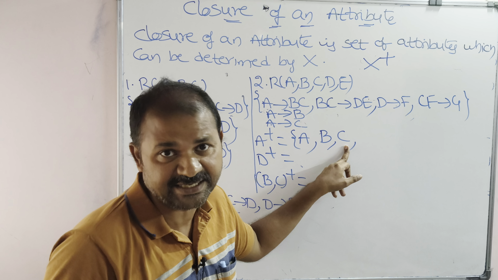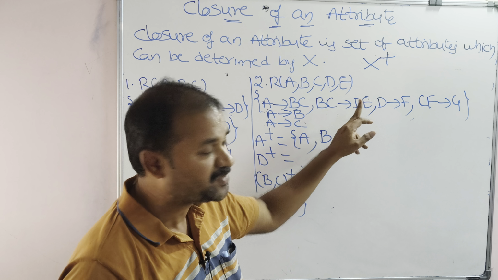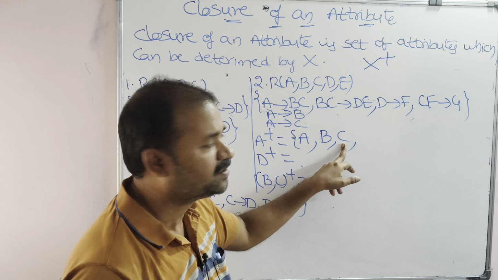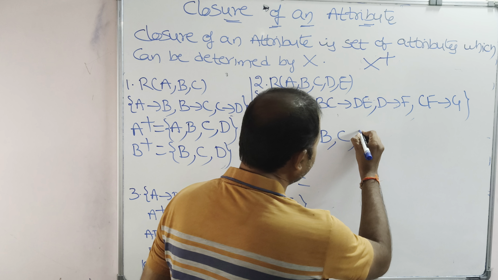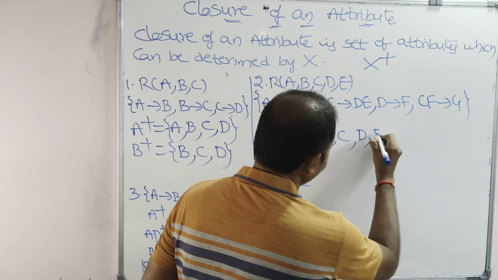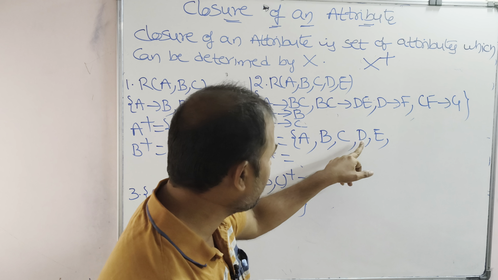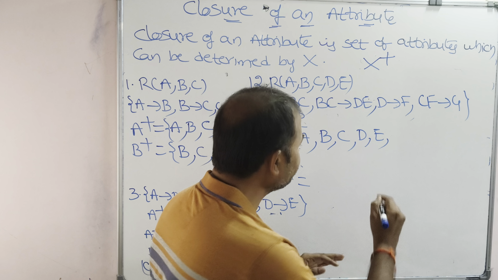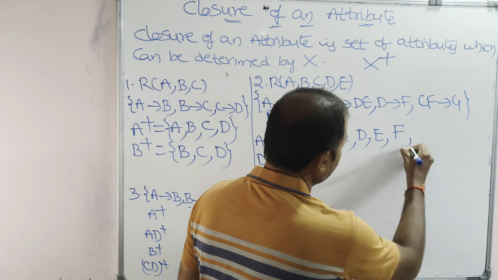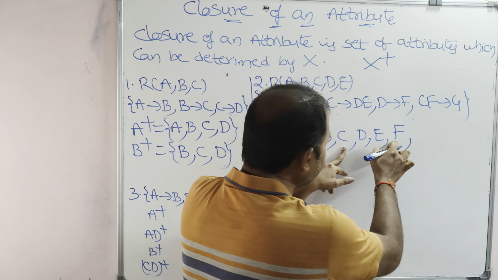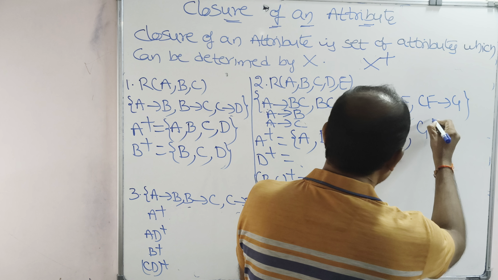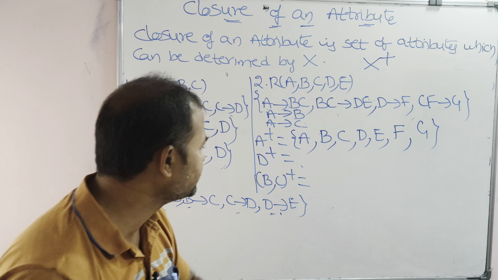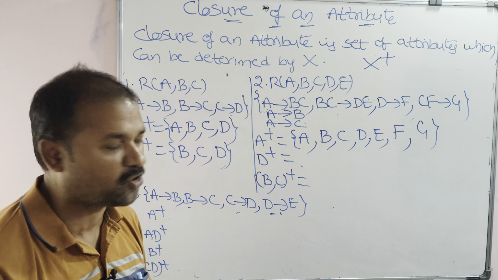If we have only C, then we can't write DE. Here we have both B and C, combinedly determining DE. So we can write D, E. Next, here we have D. D can determine F. Here we have C as well as F. So CF can determine G. So this is the result of A plus, the closure of A.